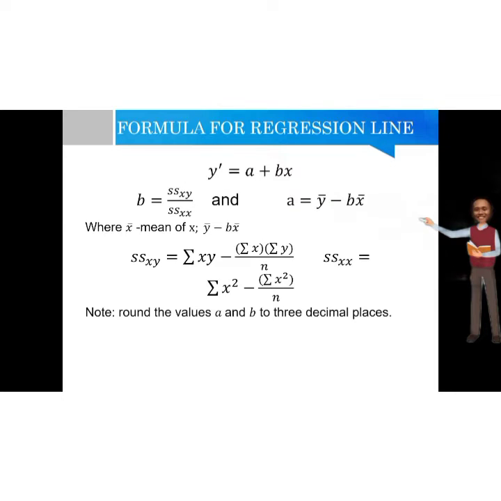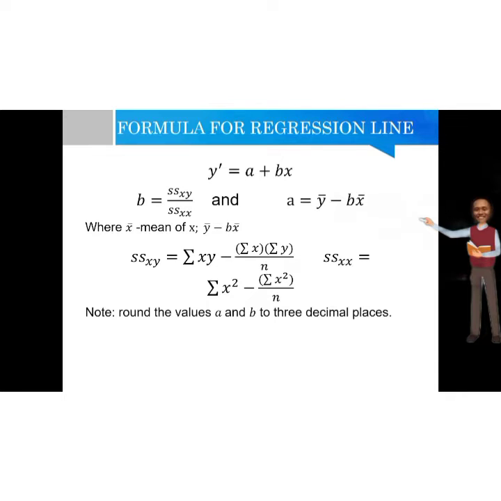Okay, let's proceed to the formula for the regression line. Y prime is equal to a plus bx. b is equal to the sum of squares xy over the sum of squares xx, and a is equal to y bar minus b x bar, where x bar is the mean of x and y bar is the mean of y. The sum of squares xy is equal to the summation of xy minus the summation of x multiplied by the summation of y divided by n.